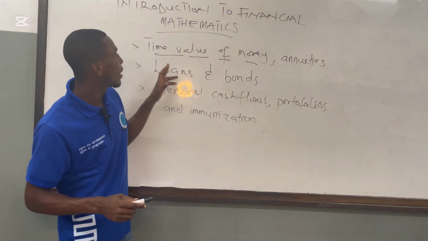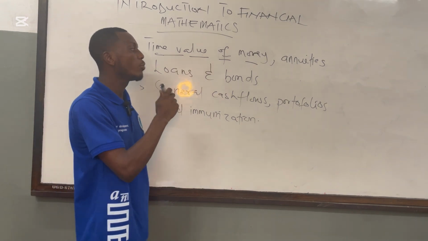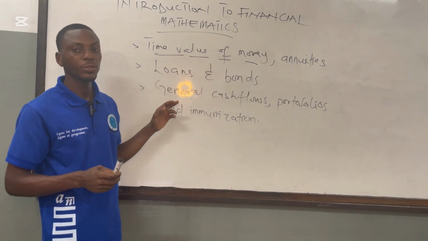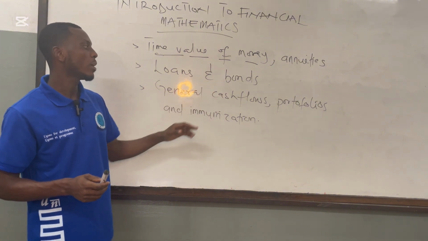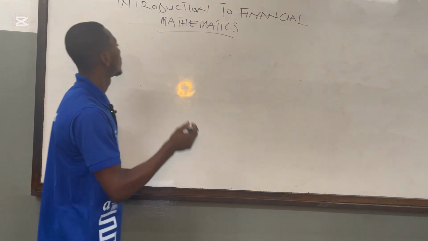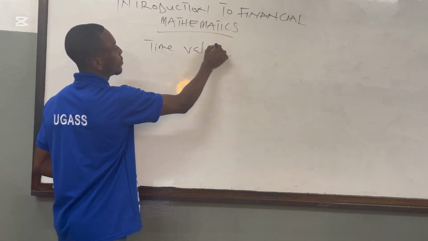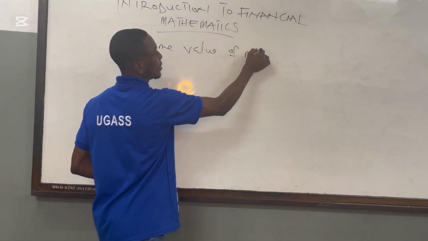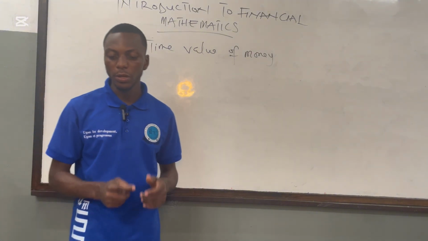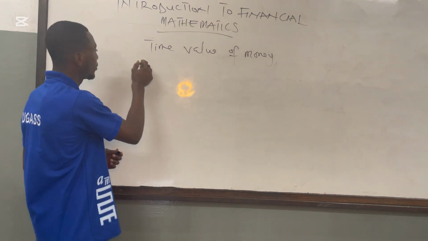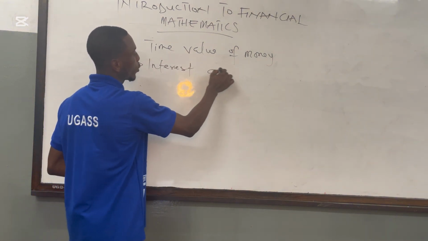In this section, we will take the time to look at time value of money. So I'm quickly going to wipe this out. If you haven't yet written it, kindly pause your video and write this topic somewhere as I wipe them out. Under time value of money, the first topic that we'll be looking at is interest accumulation.